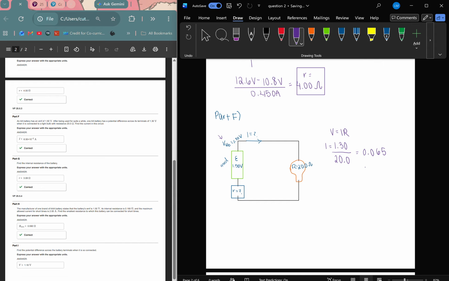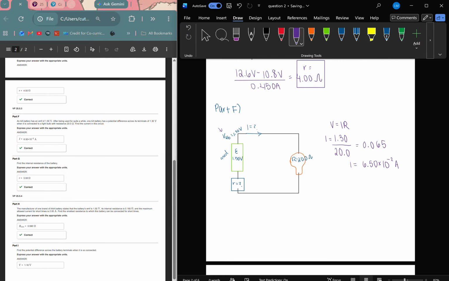If I put it in scientific notation, it's 7.50 times 10 to the power negative 2 amperes. So this is going to be the current in the circuit. So that's the I. So we found out the I.